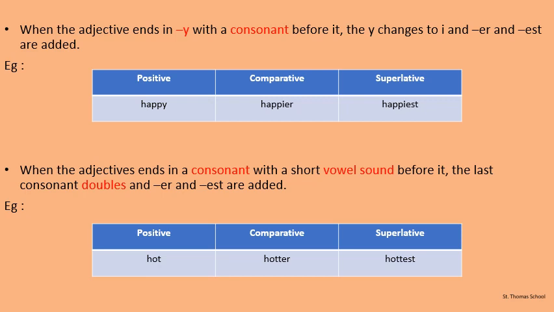So it becomes hotter. And for superlative, H-O-T-T-E-S-T, hottest. So keep in mind, when an adjective ends with a consonant but when you pronounce it there is a vowel sound before the consonant, you double the last letter and then add ER and EST.